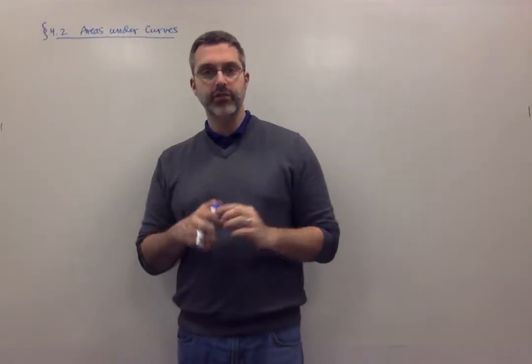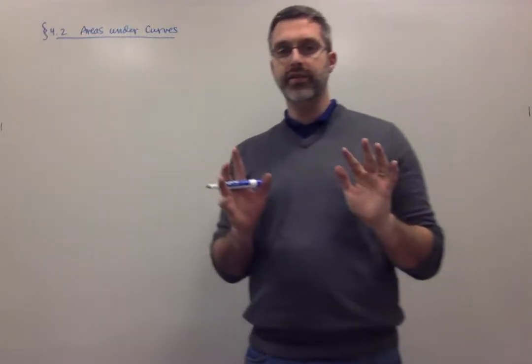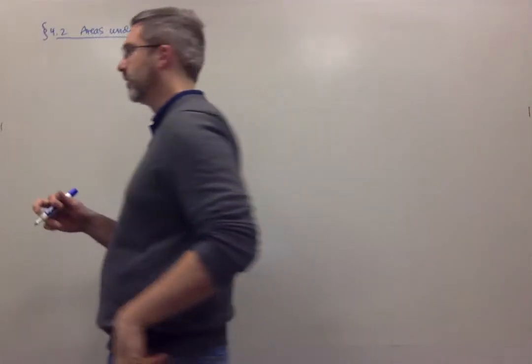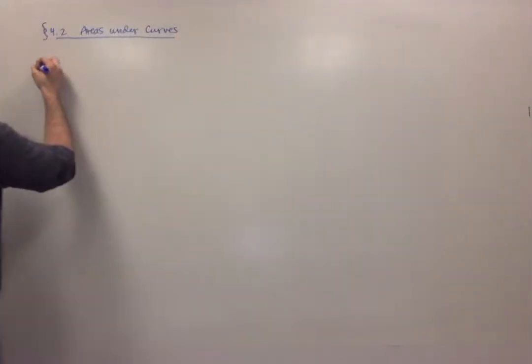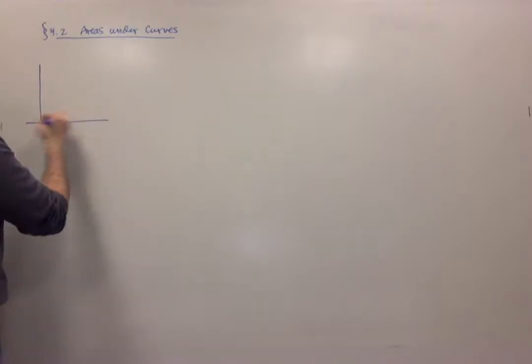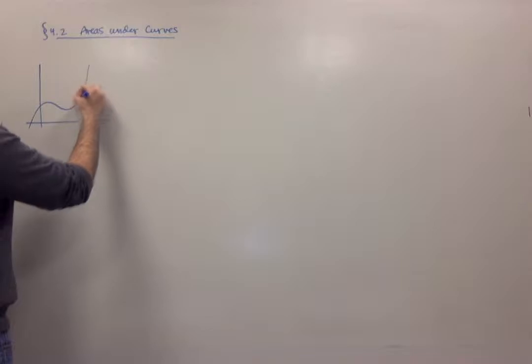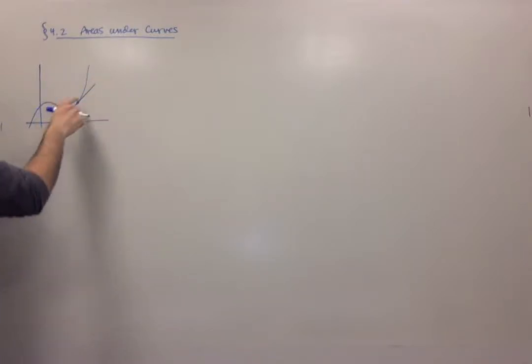So let me just review real quick. The idea that motivated what we were talking about way at the beginning of the course, when we were dealing with derivatives, was that we might have some function and we want to know the slope of the tangent line.